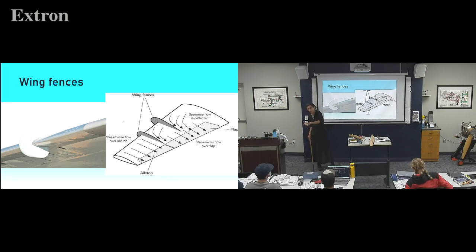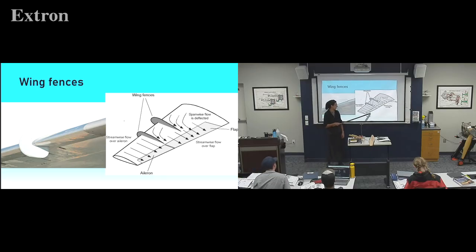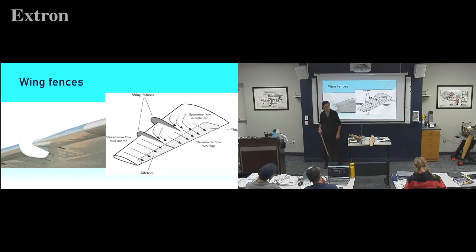We're going to talk about another device that does that, but why, somebody besides a pilot, why do you think we would want this area to stall first? signal from your stall horn and the buffet from the inner part of the wing, so you can recover from the stall before things go bad.